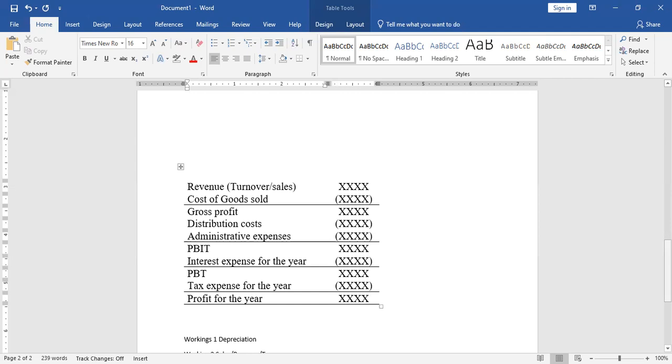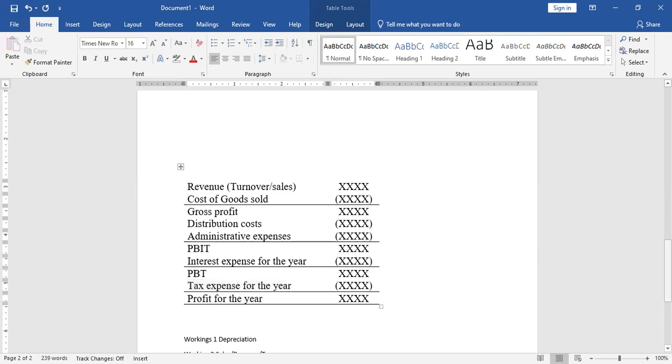From gross profit, we remove two important expenses, distribution costs and administrative expenses, to get what is known as profit before interest and tax. Then we remove the interest expense for the year to arrive at profit before tax. And then we remove the tax expense for the year to finally arrive at the profit or loss for the year.